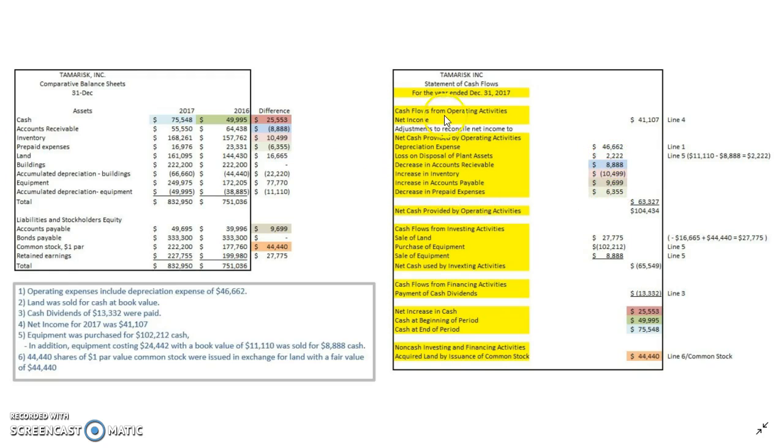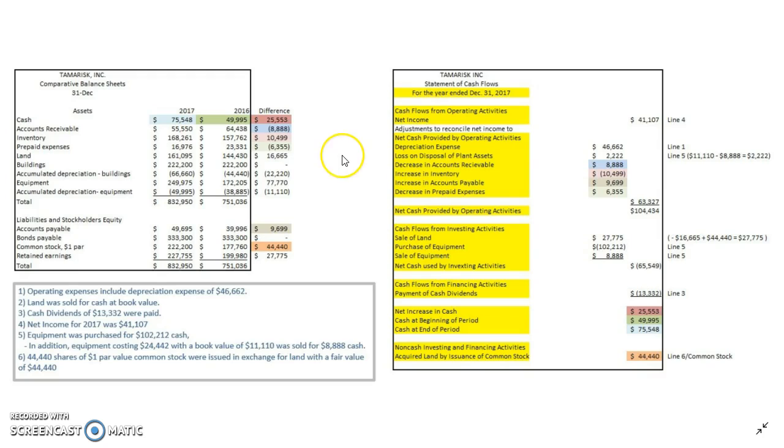Now the first thing we have to remember, this is typically what a statement of cash flow looks like. It will include net income, and then net cash from operating activities, cash flows from investing activities, and cash flows from financing activities.